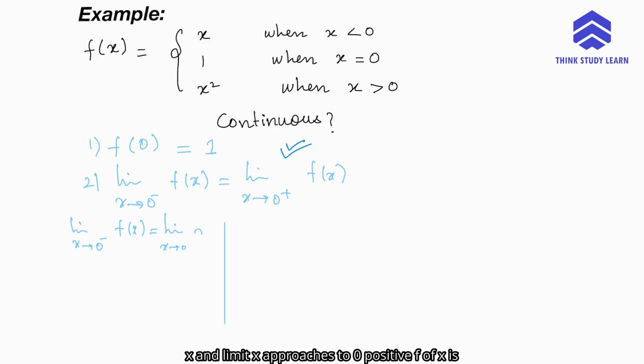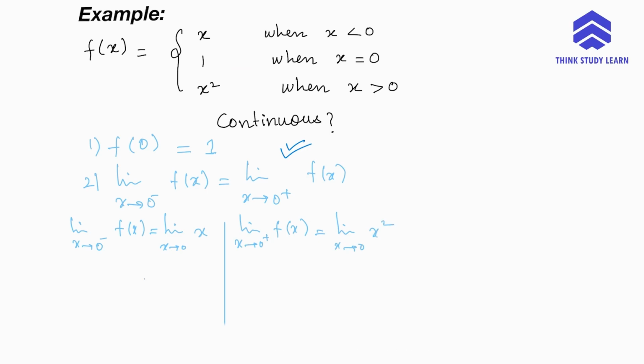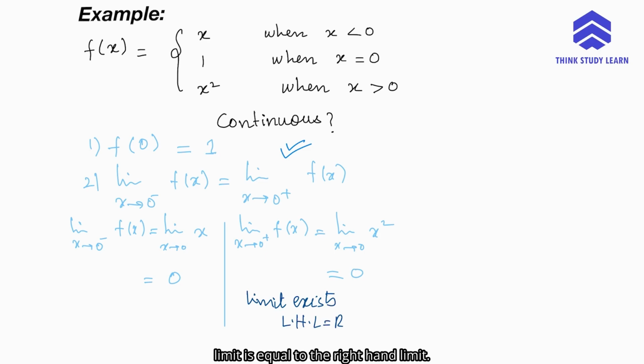So we write x, and the limit as x approaches 0 from the positive side of f(x) is equal to the limit as x approaches 0 of x squared. By putting in the limit we get 0 in this case and 0 in this case too. So we say that the limit exists as the left-hand limit is equal to the right-hand limit. So the second property is satisfied too.